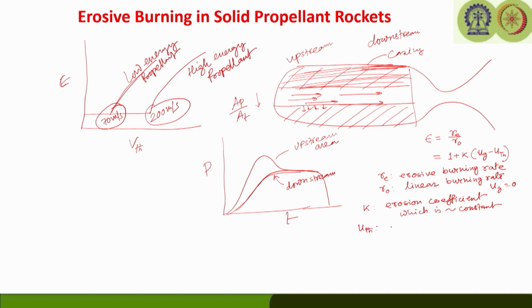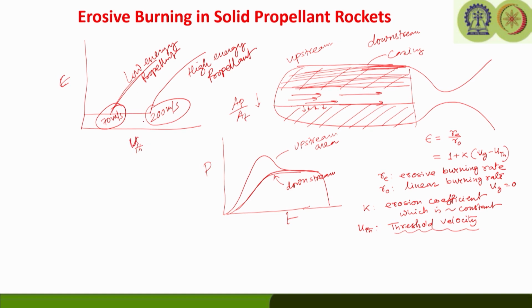UTH is the threshold velocity, and as we said, for different types of propellant this threshold velocity is different. We have discussed threshold velocity comparing. So, this is VTH or UTH, which is the threshold velocity. For high energy propellant, the threshold velocity is much higher compared to the low energy propellant.